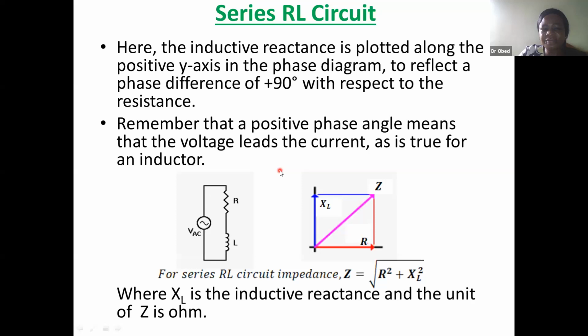So in the case of series RL circuits, the impedance is equal to the square root of R squared plus XL squared, where XL is the inductive reactance. The unit of impedance is still ohm in this case.